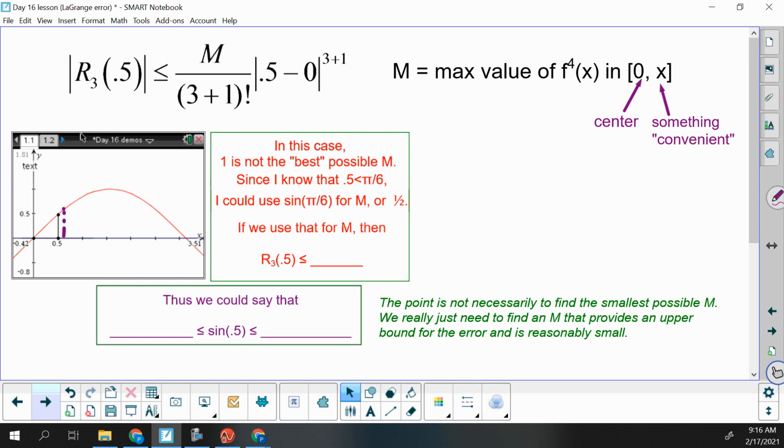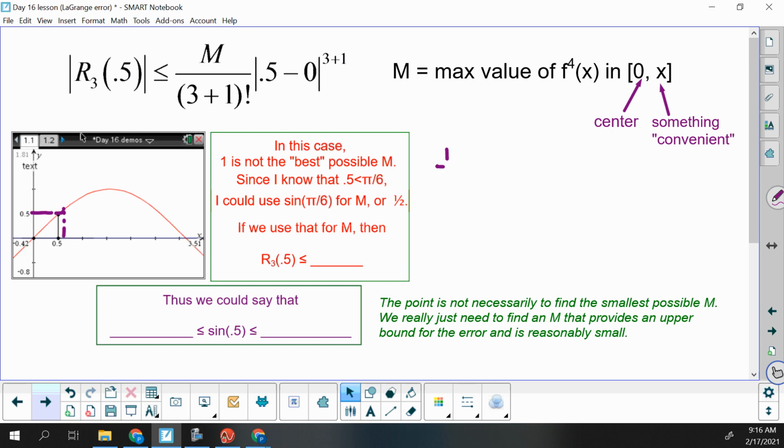And we know at pi over 6, that should correspond to a y value of a half. So we really could have said that, and I should specify that we know our fourth derivative here is sine specifically, not cosine. If it was cosine, we would need to think about it a little differently. But our fourth derivative, which is our next derivative, is sine. So we could have used a half for our value of M.